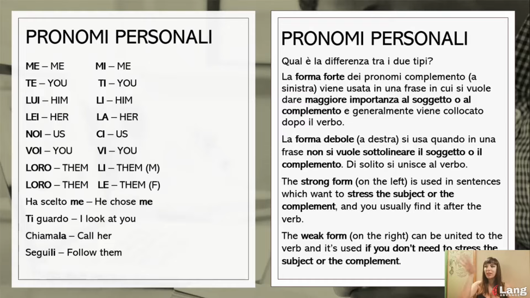So these pronouns will be used only when they can answer the question who or what. He chose who, me. I look at who, in English, but in Italian, literally, it would be I look you. Chiamala, call who, her. Follow who, them. So always ask yourself, what's the question after the verb?